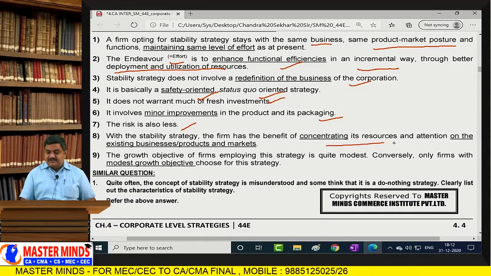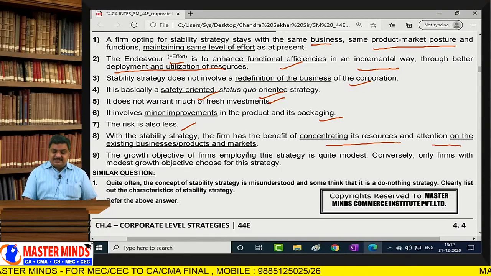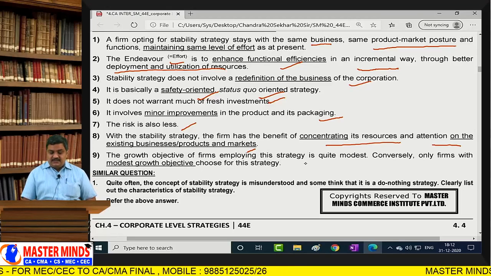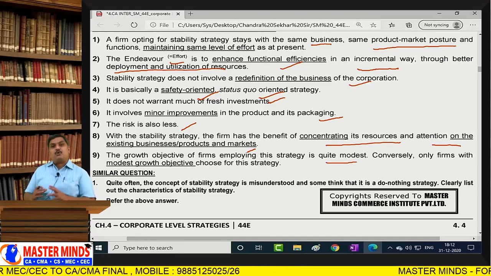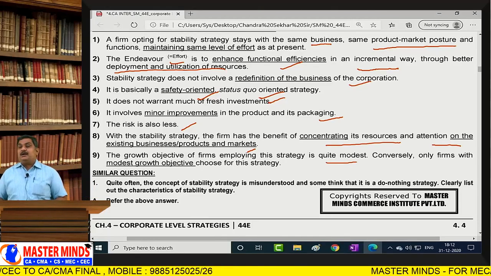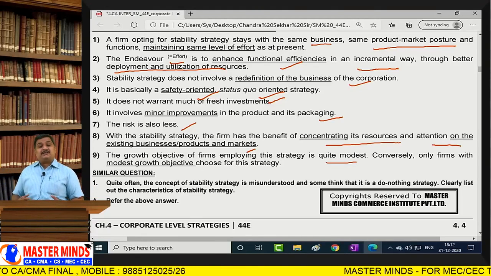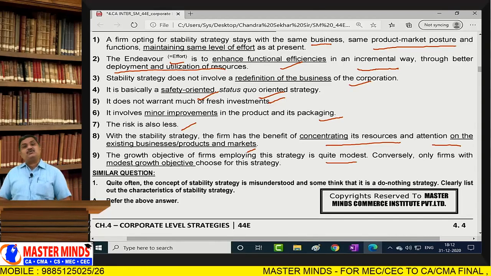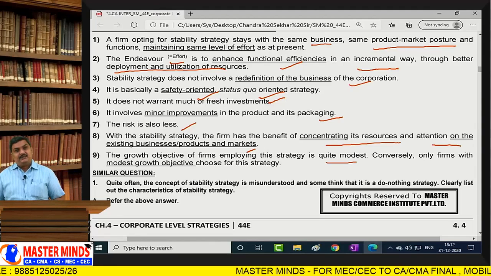And with the stability strategy, the firm has the benefit of concentrating its resources and attention on the existing. This already we know. And the growth objective of firms employing this strategy is quite modest. See, if you want some 70% or 80% growth of your business in the coming years, stability strategy is not suitable for you.